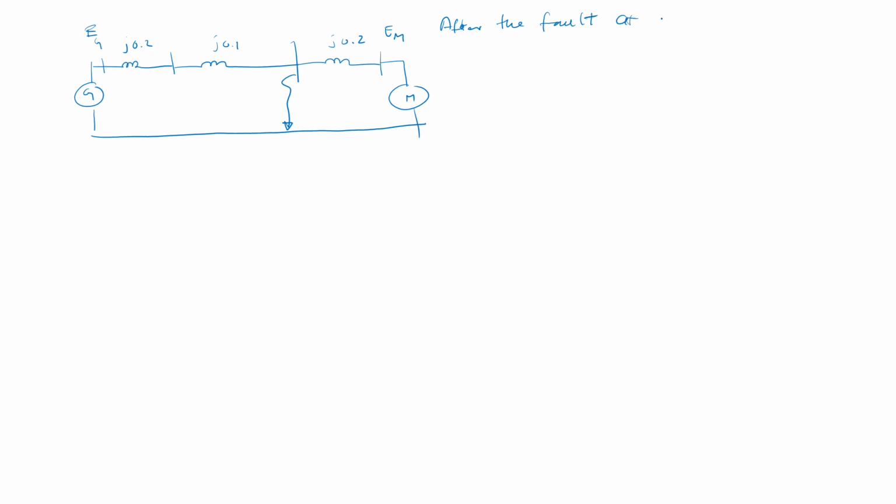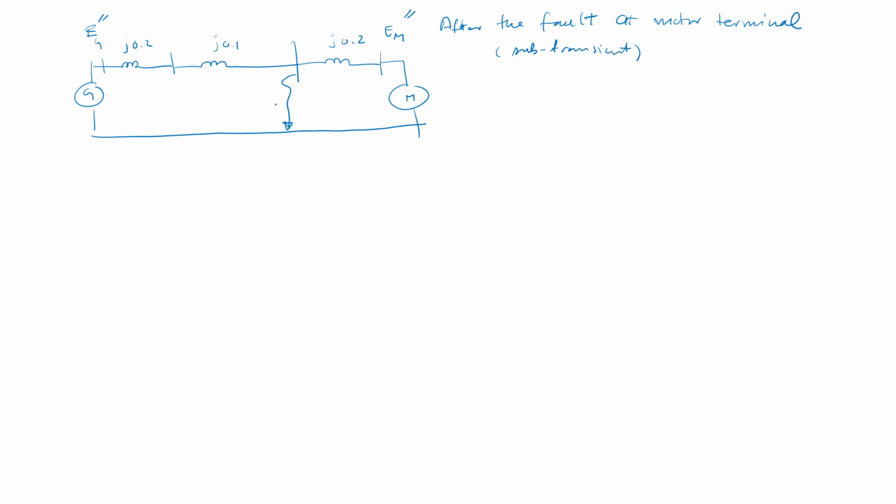If I analyze during the fault, during the subtransient period after the fault at the motor terminal, which is here, right after the fault means that it is in the subtransient period, during transient.